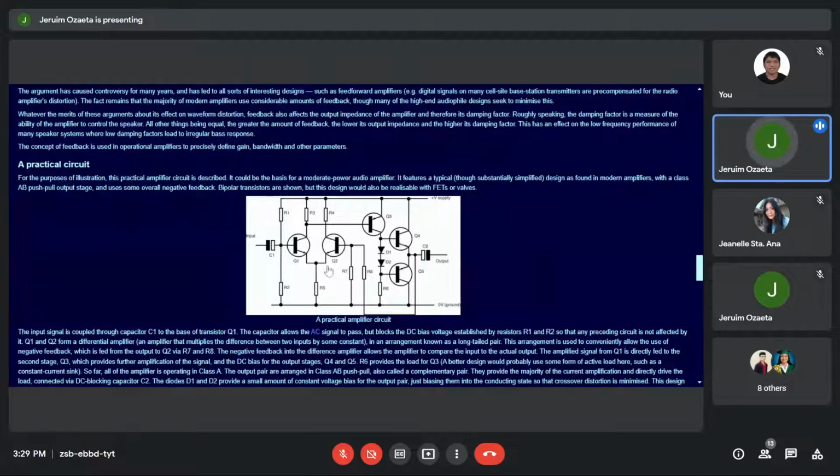By the instant that the voltage supply at R sub 4 is positive, it causes the Q2 to present a positive voltage at the Q1 emitter.